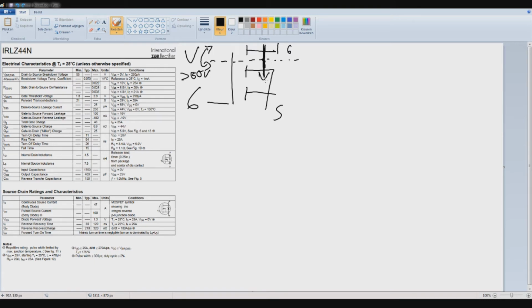So basically you have a short circuit. You must not exceed that voltage, which is obvious.